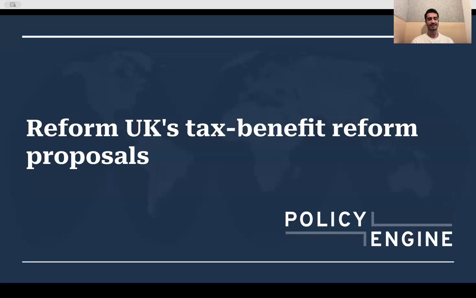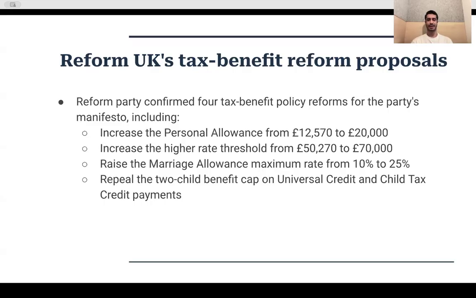Okay, the next section. As you may know, the Reform Party has a proposal for tax and benefits reform that they want to include in the manifesto for the next election. And what is it about? This party confirmed four taxes and benefits policy reforms for the manifesto.